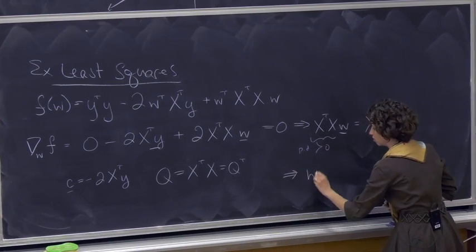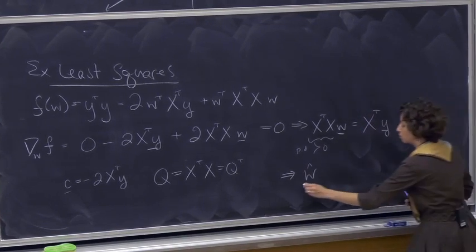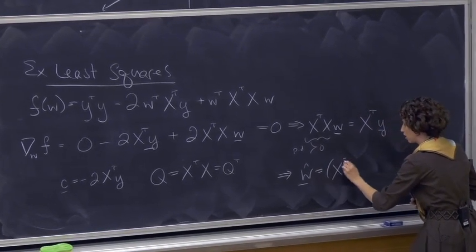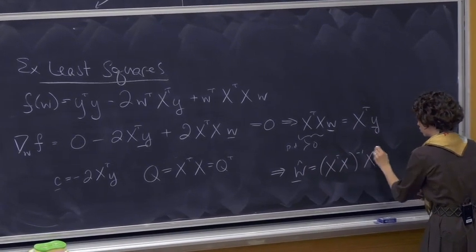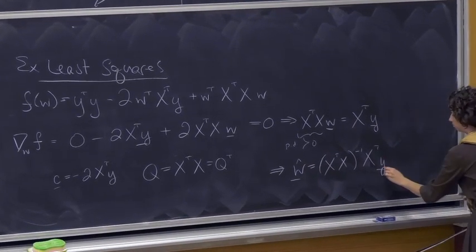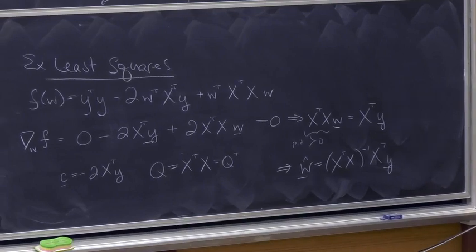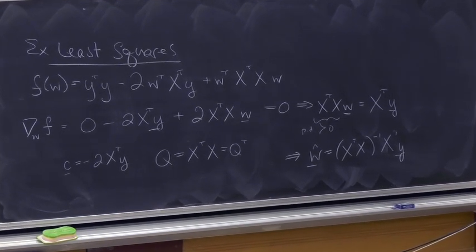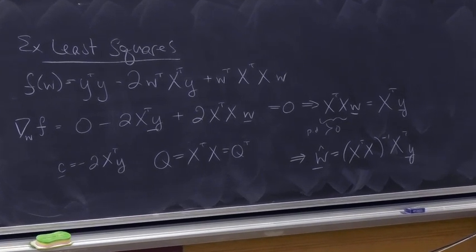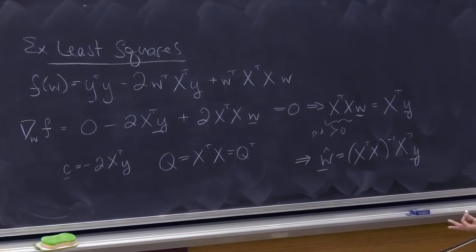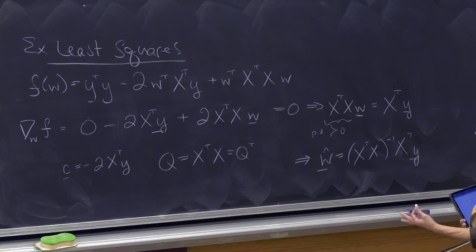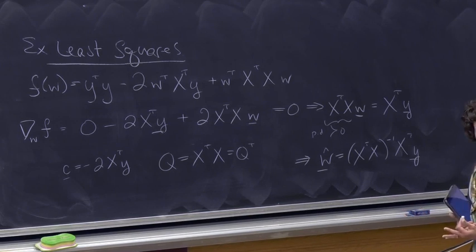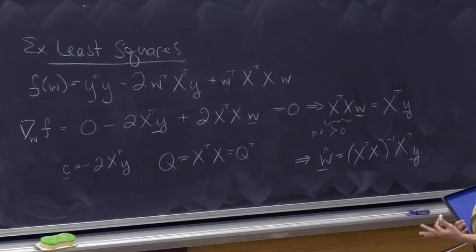That tells us that w hat, the optimal value, is x transpose x inverse, x transpose y. So we got exactly the same solution that we got in the last lecture using these geometric arguments, only this time we arrived at it in a completely different way using these optimization arguments, computing gradients of objective functions and setting them equal to 0.